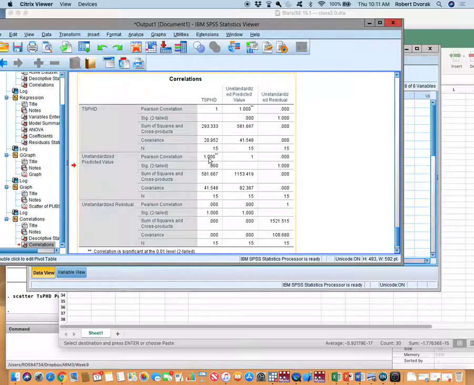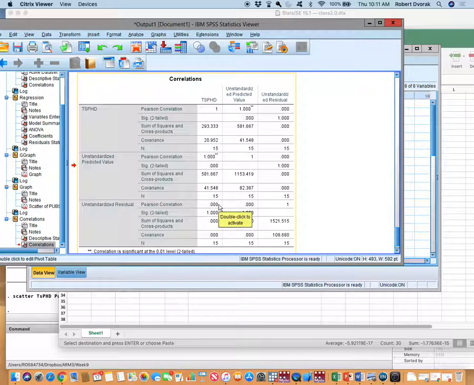And the residual of y, which is the difference between where we expect y to be and where y actually is, removes all of the variance in y associated with x, and consequently, the correlation between the residual and x is 0.